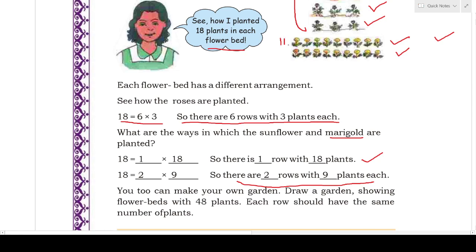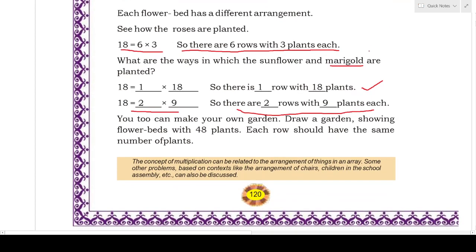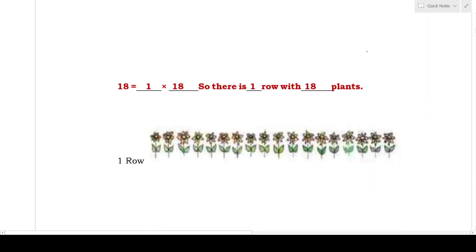One row is this, second row is this, so 2 rows with 9 plants each. So 18 equals 2 times 9, which is equal to 18. When you count all of these, you will get 18 marigold plants. Okay, moving to the next page.